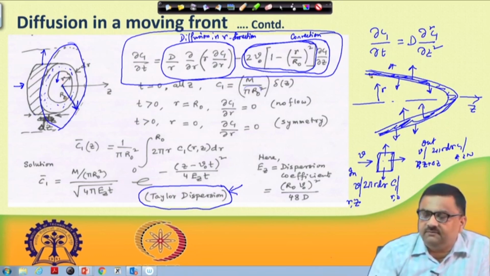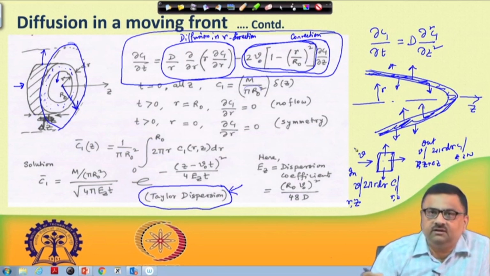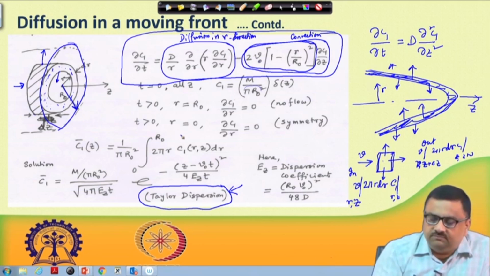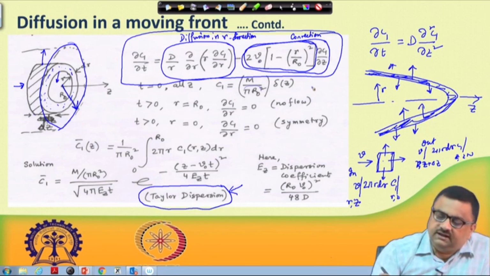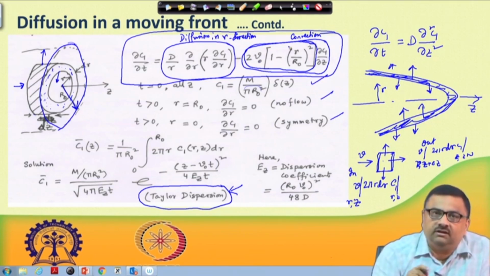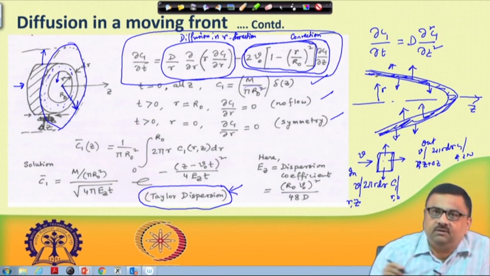For example, if we start with the velocity profile, I can see that if we work with the upper part, we can ignore the lower part. So, there has to exist a symmetry at r equal to 0. If there is a symmetry, then del C1 del r has to be equal to 0. So, these are the initial condition and these two boundary conditions, and this is the governing equation Taylor had to work with, to work with this kind of a stretched pulse.